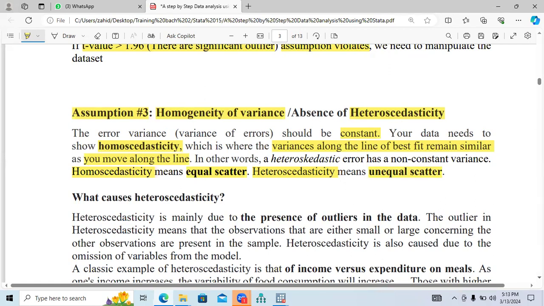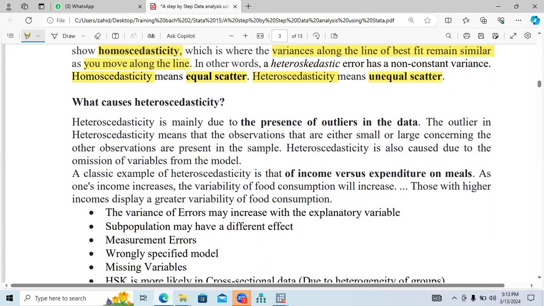So what causes heteroscedasticity? How does heteroscedasticity arise in your data sets? Heteroscedasticity is mainly due to the presence of outliers in the data. If your data has some outliers, there is a possibility that your data may have heteroscedasticity, because outliers basically indicate some heteroscedasticity in the data.